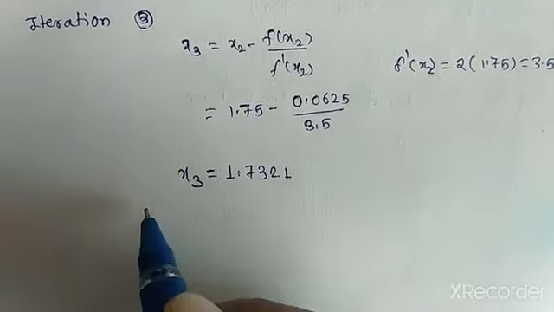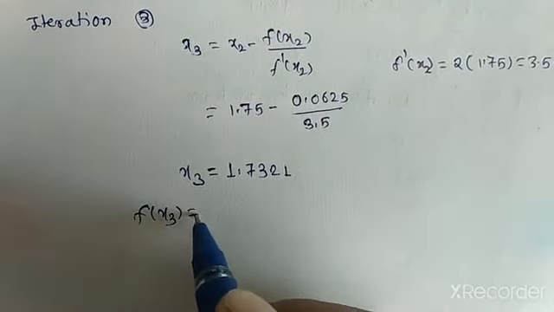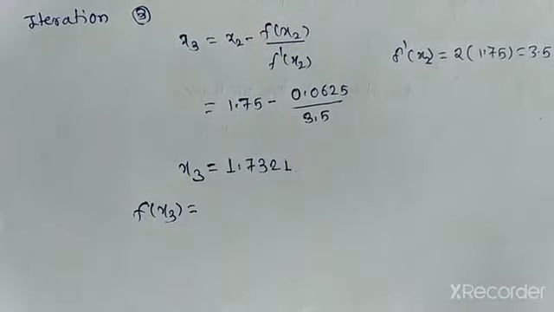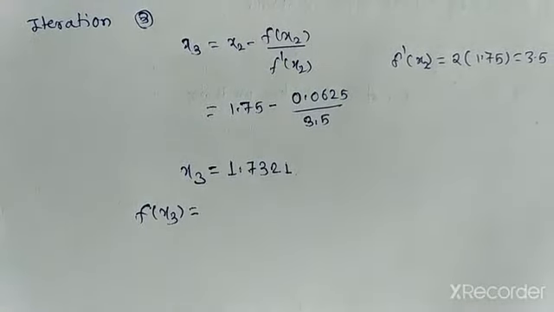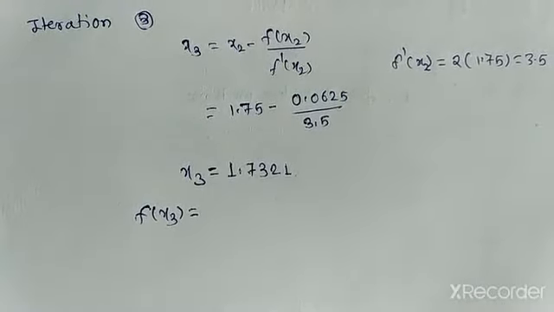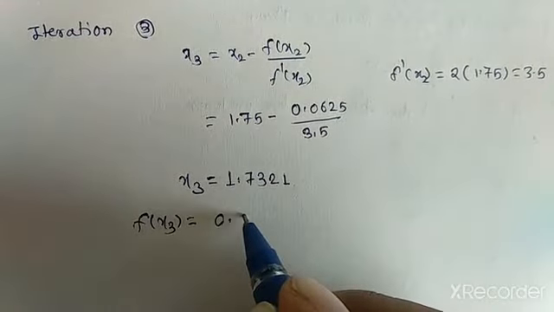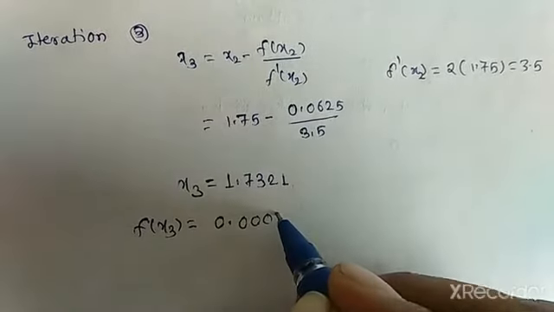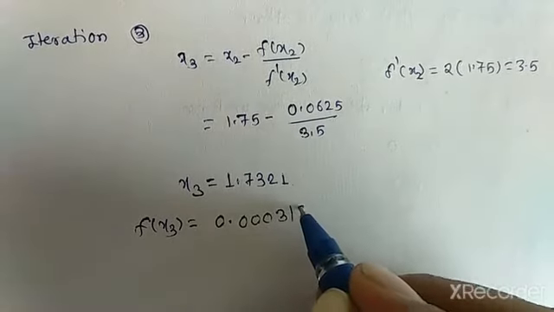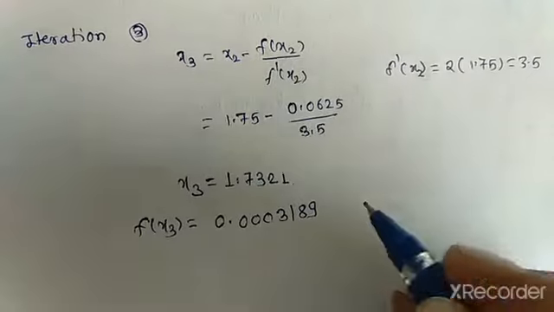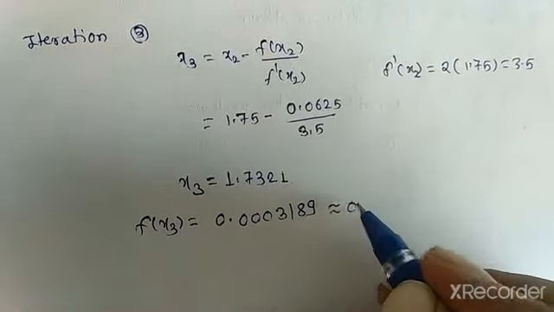Now we have to check f of x3, which is x square minus 3, which is 0.0003189, okay, which is approximately equal to 0. You may say that.